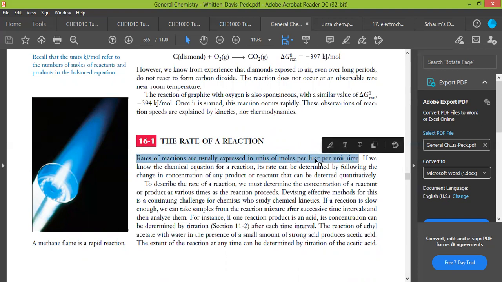Now, mole per liter is the same as molarity, which is molar, which is concentration. So in short, the rates of reactions are going to be expressed in molar per unit time. So the time factor is not going to be restrictive.